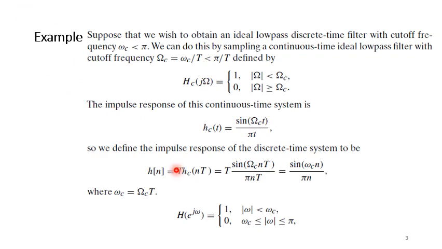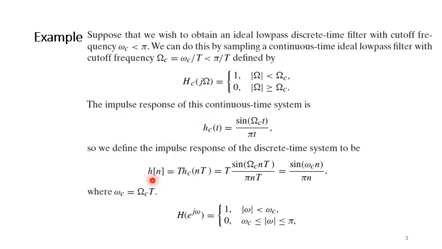Using the impulse invariant equation, we can find the impulse response of the discrete time system, in this particular case a low pass filter. This is the impulse response for the continuous time system.